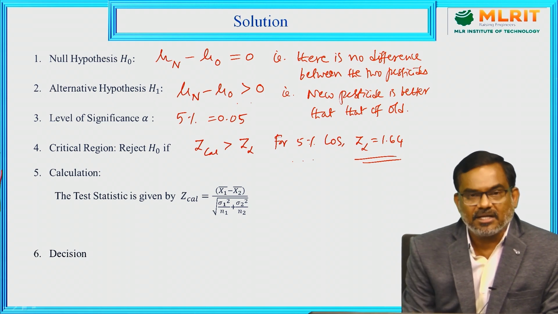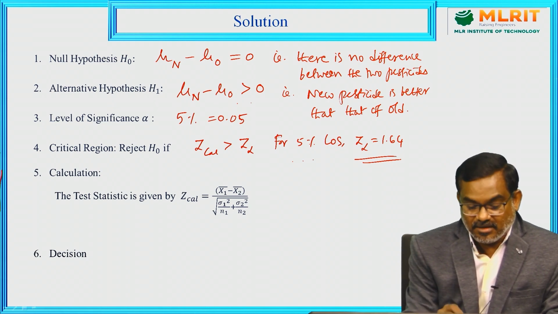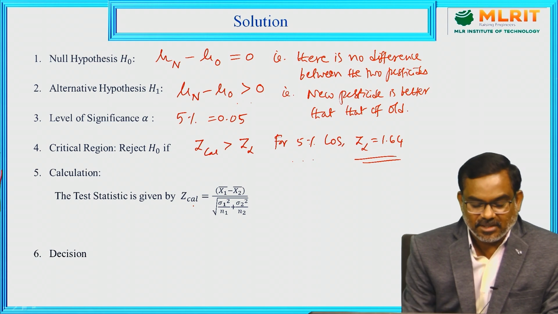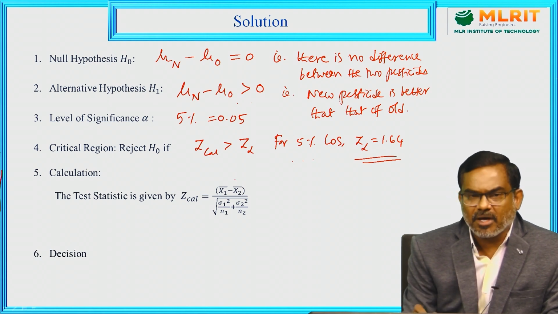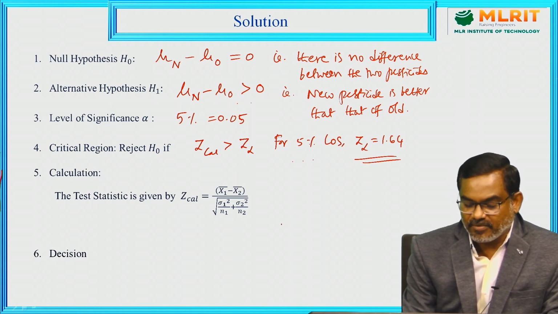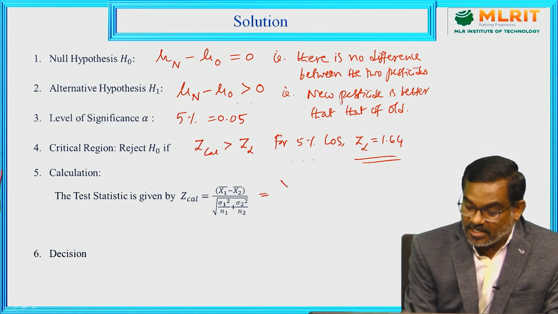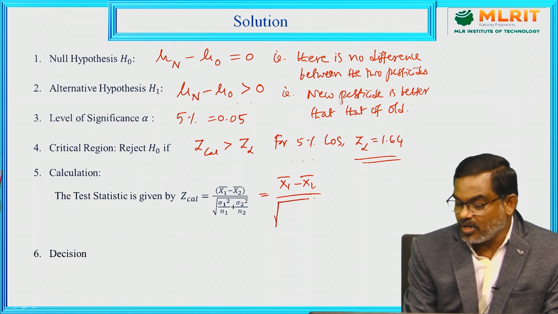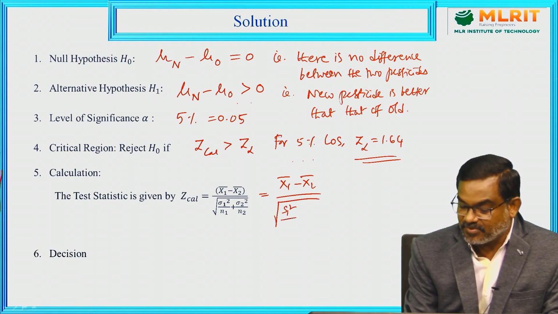Now, let us calculate the Z calculated value using the test statistic x1 bar minus x2 bar by under root sigma 1 square by n1 plus sigma 2 square by n2. Here x1 bar we have, x2 bar we have. Since sigma 1 and sigma 2 are not given, we can replace them by s1 square by n1 plus s2 square by n2.